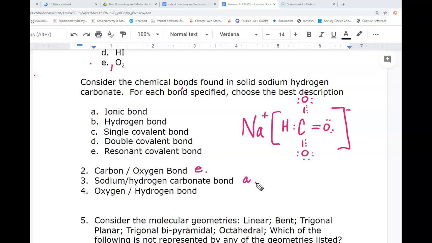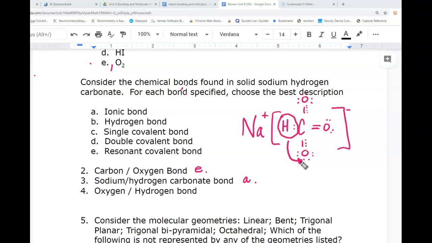And then number 4, the oxygen to hydrogen bond. Now you might be going, oh gosh, I don't have an oxygen to hydrogen bond. It might be that I drew it wrong, and it might be that this is actually bonded to one of these right here.